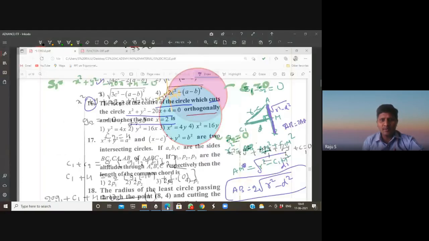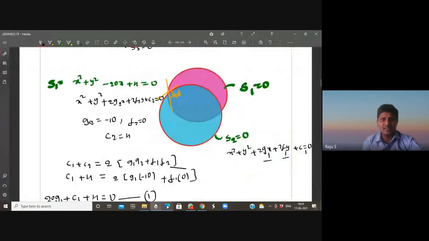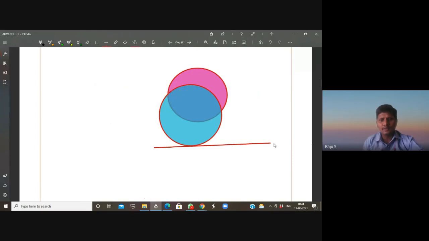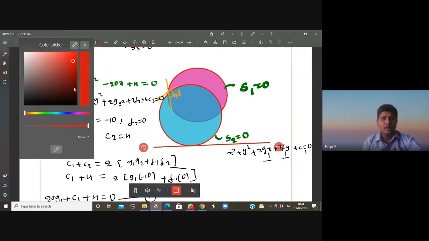They have given one more condition: the required circle touches the line x is equal to 2. Let us consider this is the line x is equal to 2.